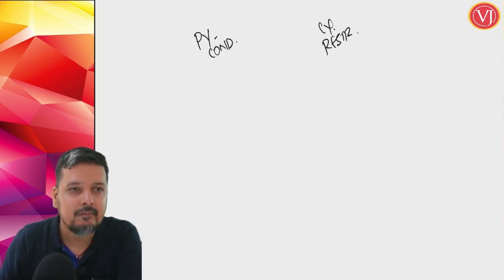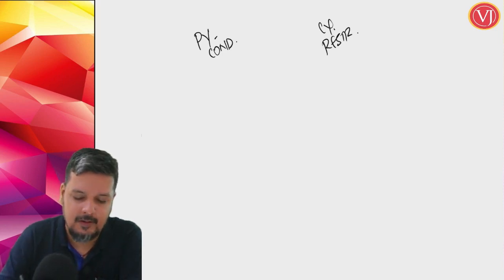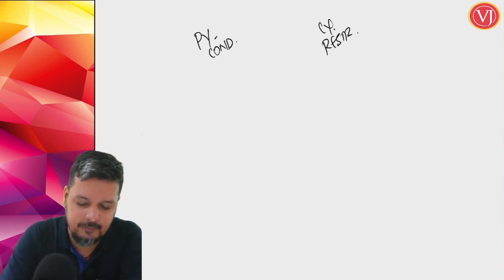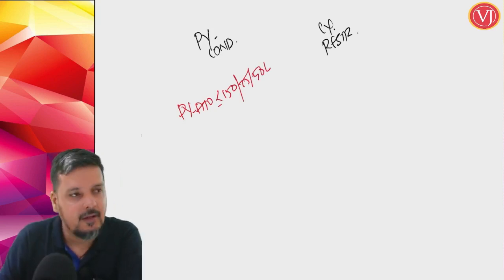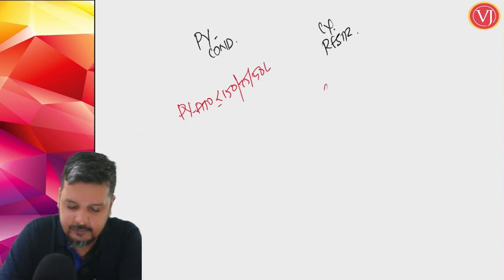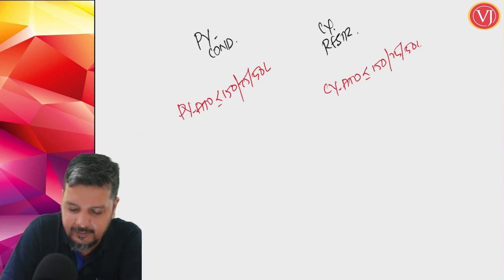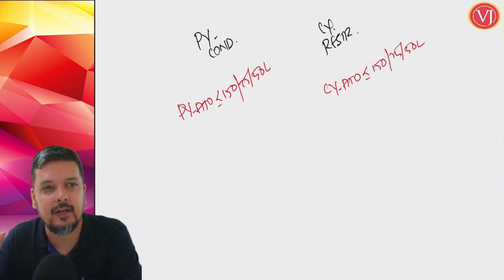If you want to enter composition scheme, your previous year aggregate turnover should be up to 150 lakhs, 75 lakhs, 50 lakhs. Current year restriction: your current year aggregate turnover should be up to 150 lakhs, 75 lakhs, 50 lakhs. Otherwise, you will exit.